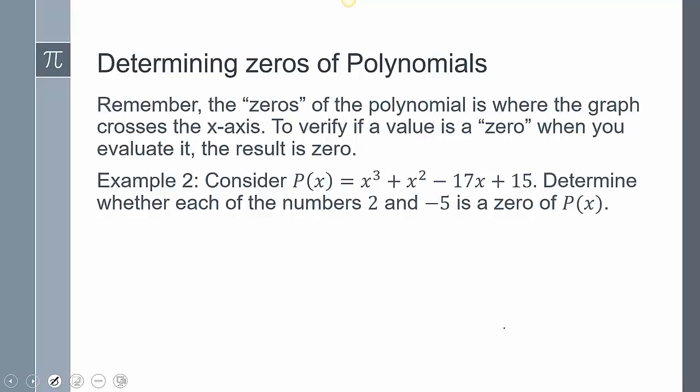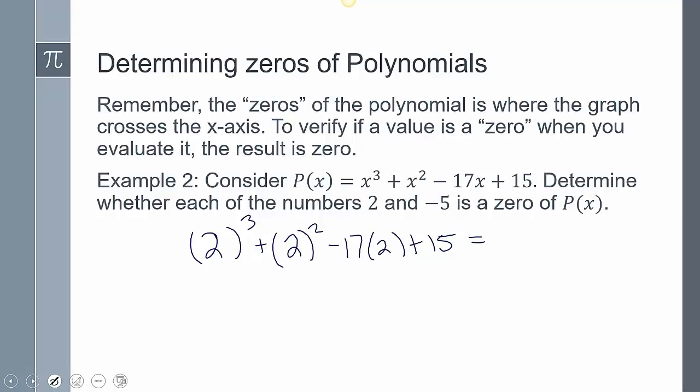Now just a quick reminder when it comes to zeros. The zeros of a polynomial are where the graph crosses the x-axis. To verify if a value is a zero, you plug it in, and if you end up getting 0, then you know it's a zero of the polynomial. So if I plug in 2, I get 2 to the third power plus 2 squared minus 17 times 2 plus 15.